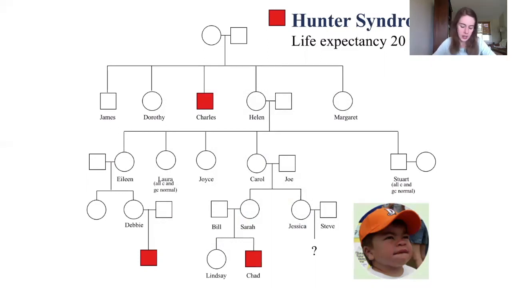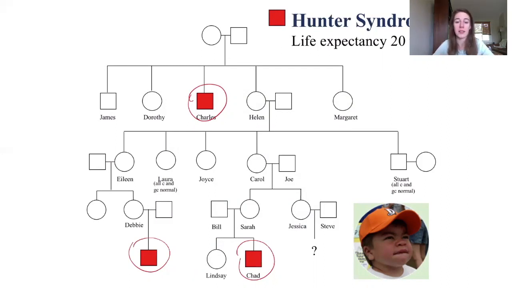Anytime that you see just a few individuals with the disease in a population, that probably tells you it is recessive, because if it's dominant, it's going to pop up a lot more frequently, because you have to be homozygous recessive to have a recessive disease. In other words, you have to have two of the same allele, and that's just going to be less likely.